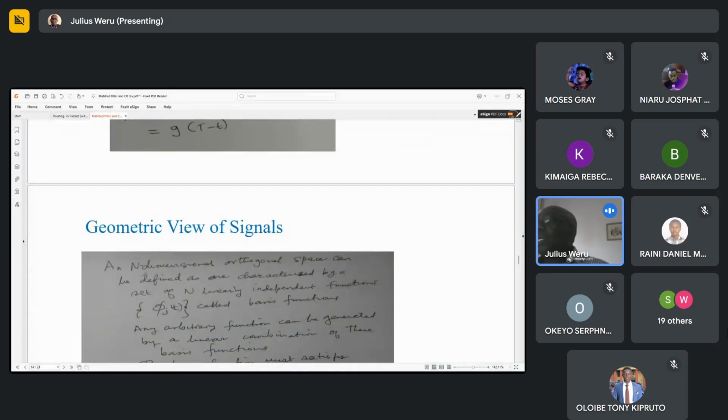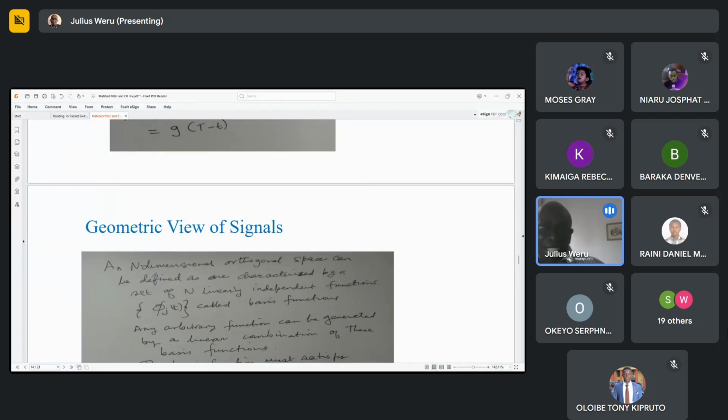So we are going to look at the correlation receiver. But before that, we look at what we call the geometric view of signals, because that's what we are going to use to establish how the correlation receiver works.